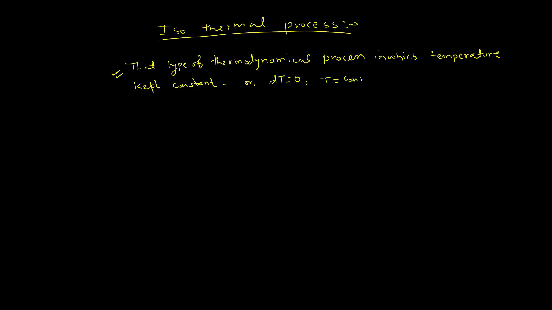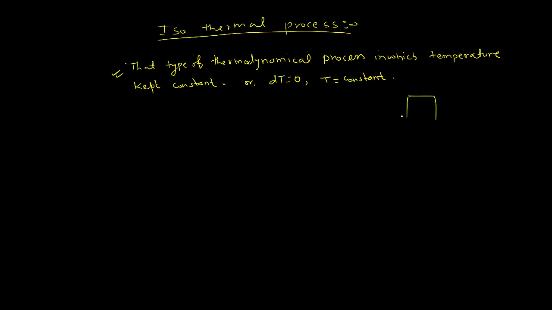Temperature constant means that the change in temperature is 0. There is no change in temperature between system and surrounding. That type of thermodynamical process is known as isothermal process.